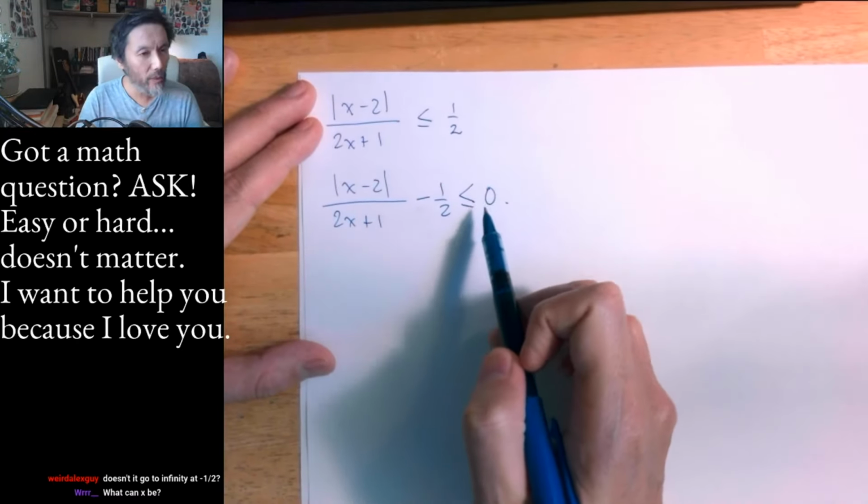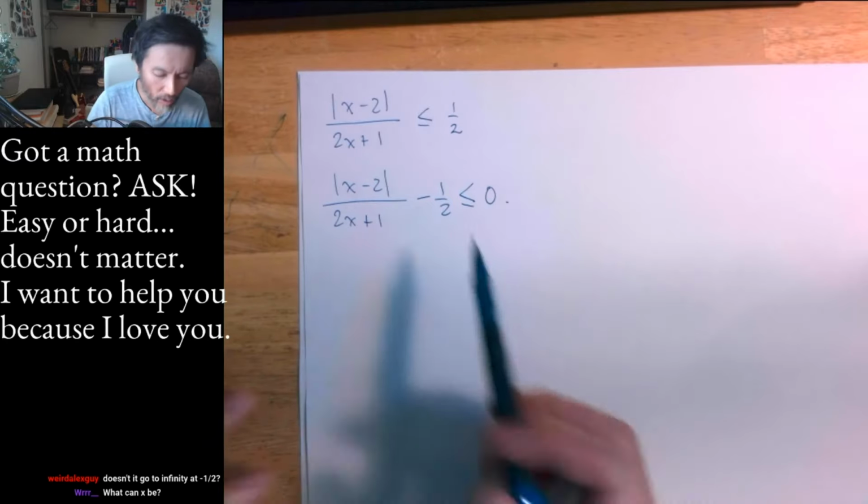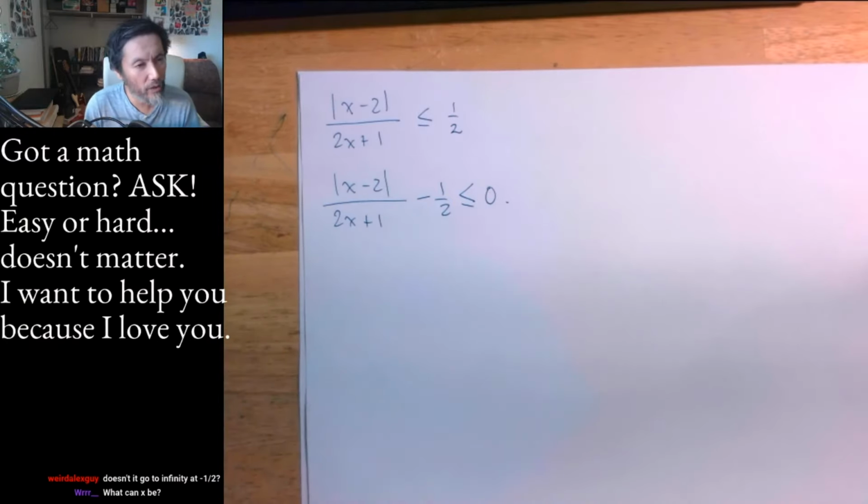Zero is nice because then I can talk about things being positive or negative, right? So I'm going to do this at first just to make the discussion easier. Remember how much trouble I was having discussing it before? I think having the words positive and negative in my pocket available to use here is valuable. So that's why I'm going to do this first move here. It's not strictly speaking necessary, but I'm going to do it.